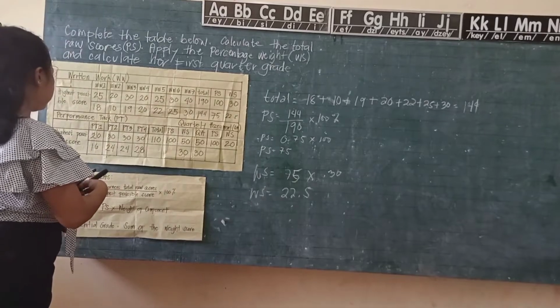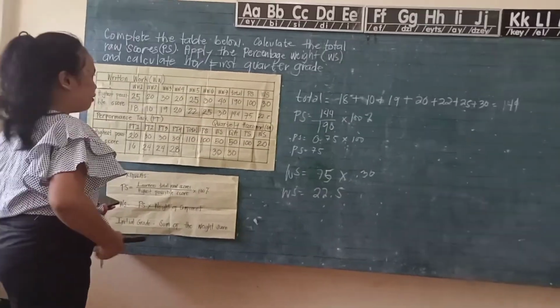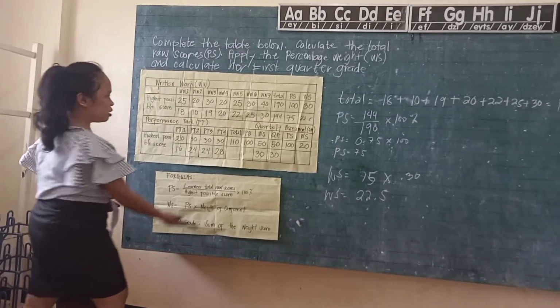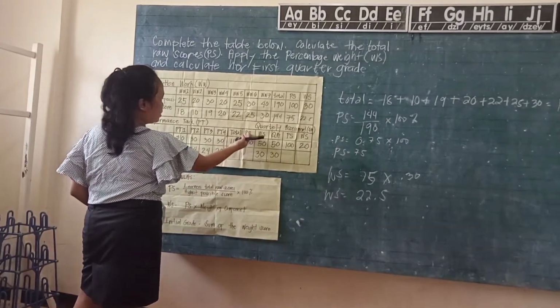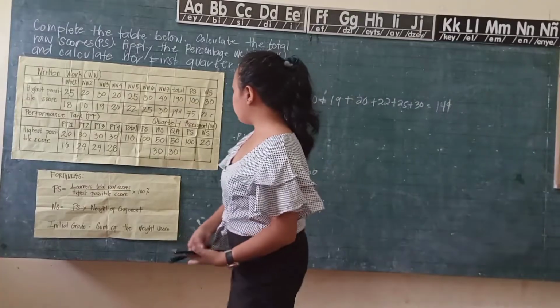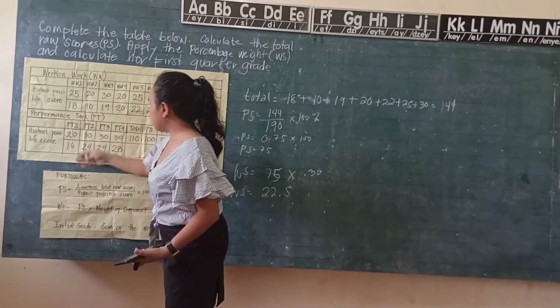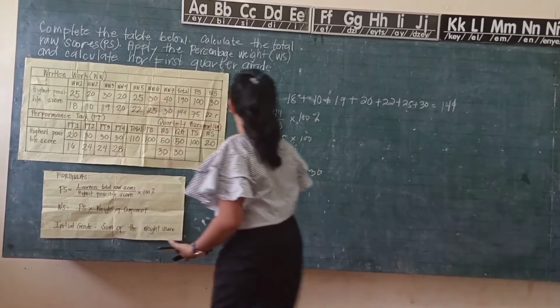So let's proceed to the performance task. We are going to find the total and the percentage score. In finding the total, we are going to add performance task 1 up to 4.